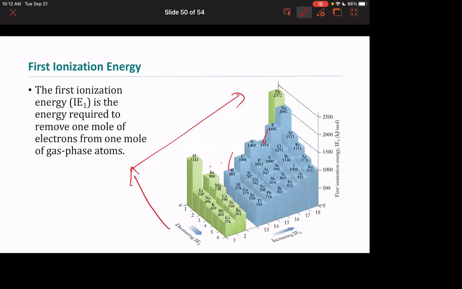Nitrogen has 3p electrons all spinning in the same direction. Remember, we said that's kind of stable when we have half-filled orbitals. 3p all spinning in the same direction, 5d all spinning in the same direction, 7f all spinning in the same direction. Those are stable.